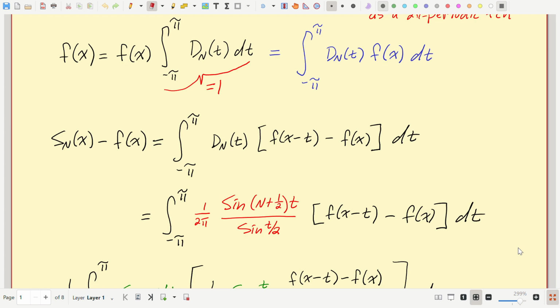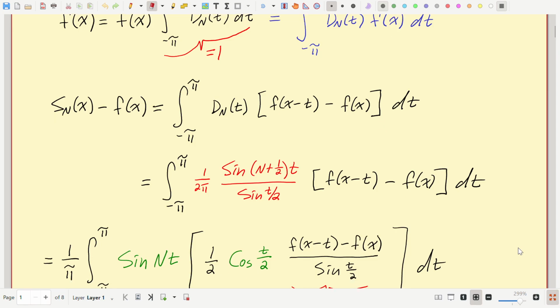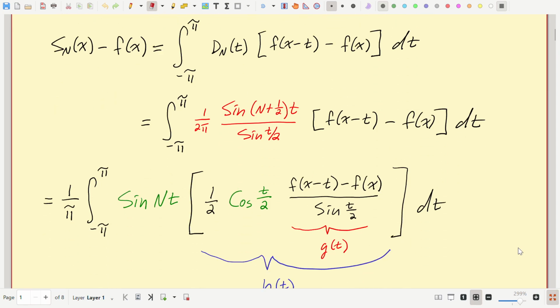And that thing in square brackets is 0 at t equals 0, because then it would just be f of x minus f of x. That's 0. So in fact, L'Hopital's rule is going to allow me to say that that function, even if I divide by sine t over 2, is a nice function. Okay, so I move that sine t over 2 under that, and I'm going to call that thing g of t.